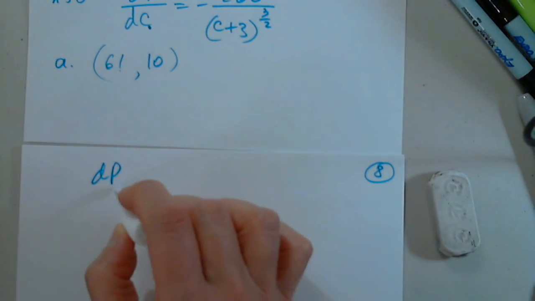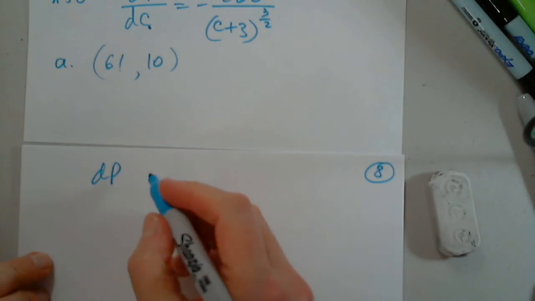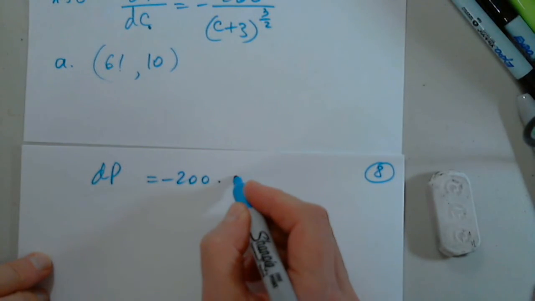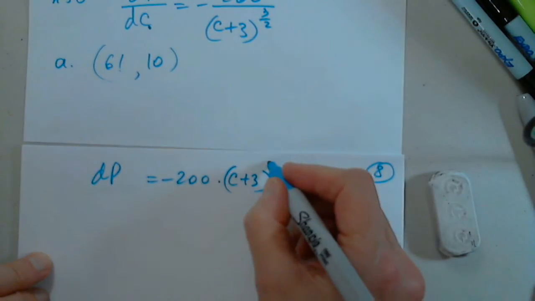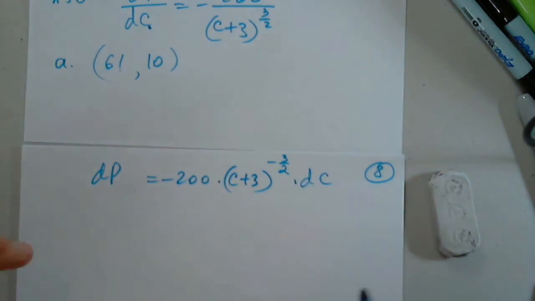First, I'm multiplying by dc. So this is negative 200 (c plus 3) to the negative 3/2 times dc. Is everything separated? Yes, it is. P is on one side, c is on the other. So I can integrate.